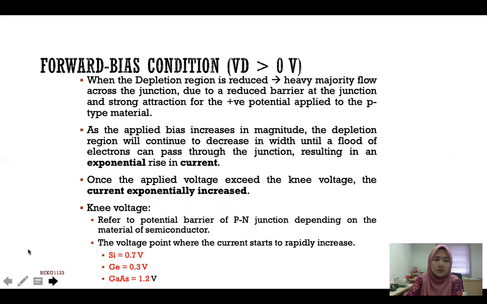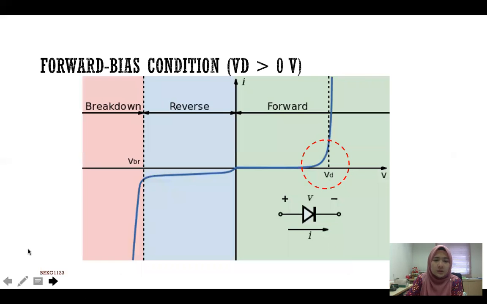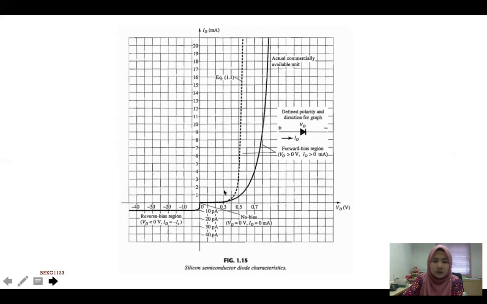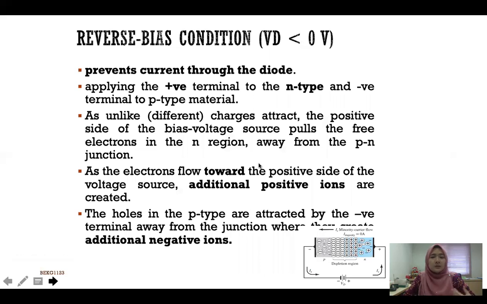This one is germanium. So this is the graph for silicon where the knee voltage is 0.7. This is the VI graph for germanium where the knee voltage is 0.3. So that one is forward bias.